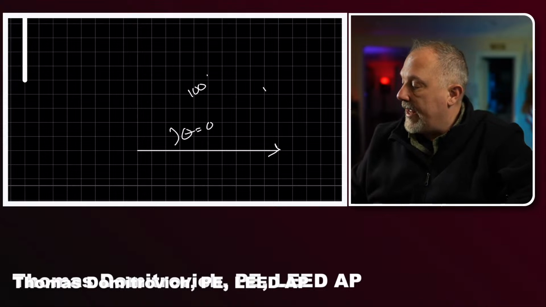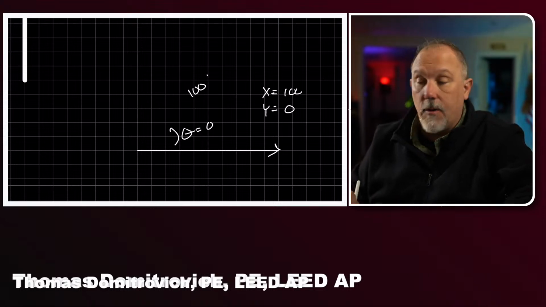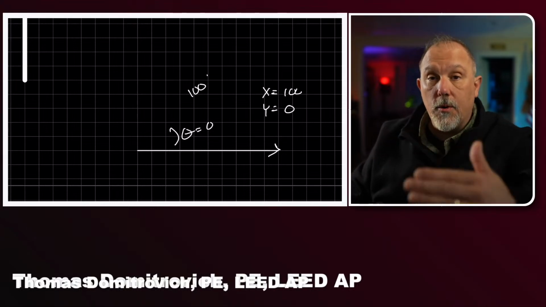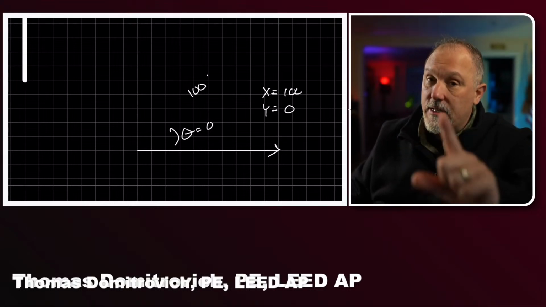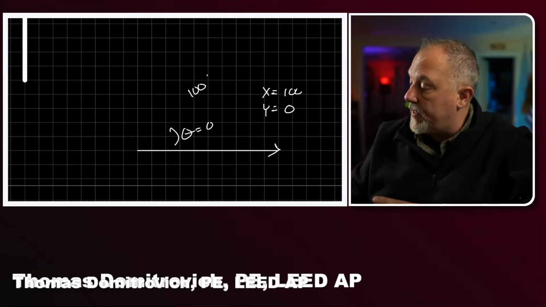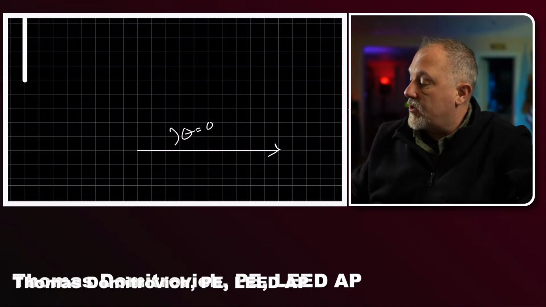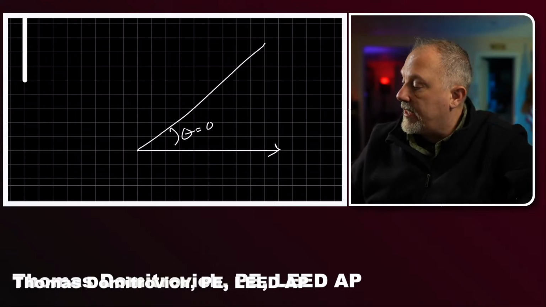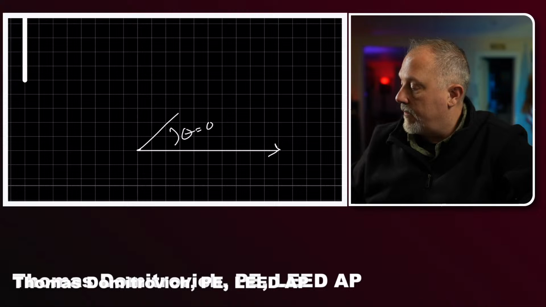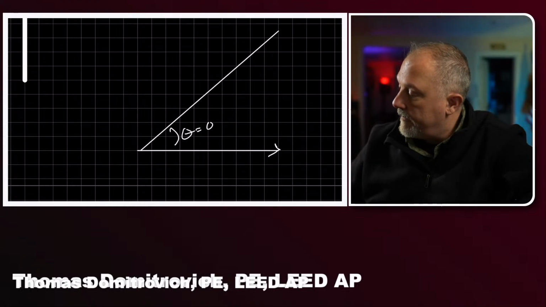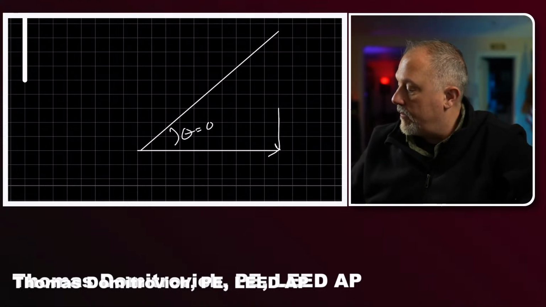So my x is equal to 100, my y is equal to 0. Those are the rectangular coordinates, and there's a reason I'm going over this, because it's going to be very important as we move forward in doing our calculations.